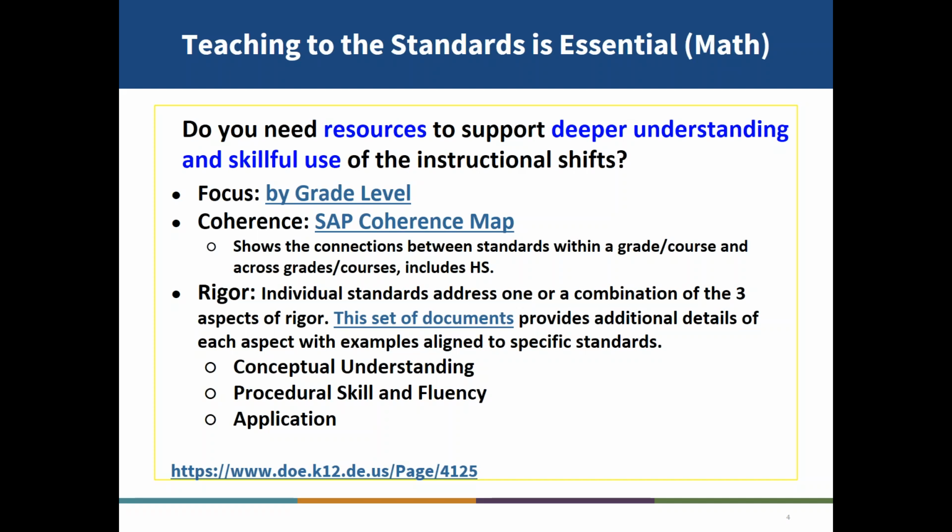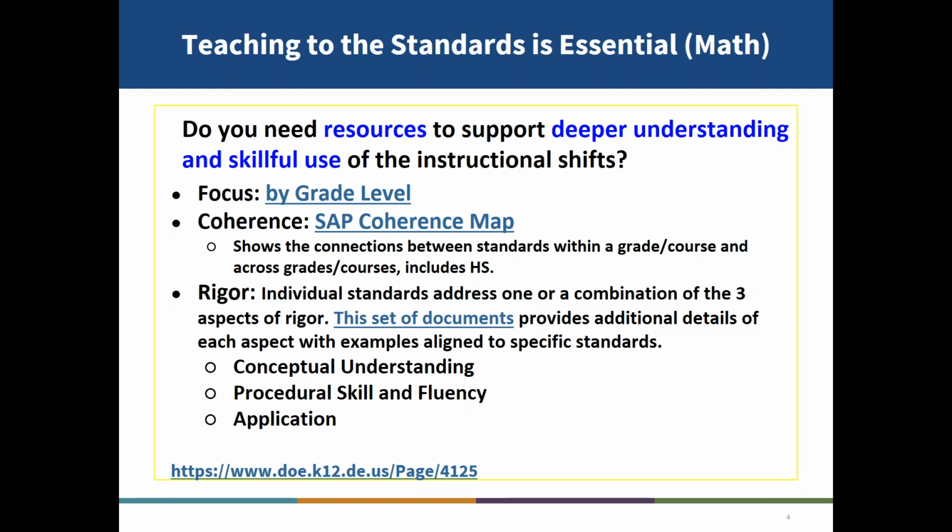High-quality instructional materials are intentionally designed to address the appropriate aspects of rigor for each standard. The set of documents we provided at the link for rigor provide additional description of the three aspects of rigor, along with examples aligned to specific standards.